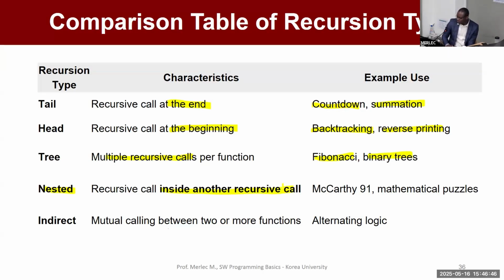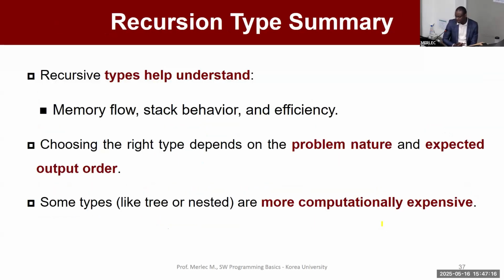This can be used for most complex problems like the McCarthy 91 problem or mathematical puzzles. Last but not least is the case of indirect recursion, where we have multiple calls between two or more functions. This can be implemented for alternating logic. So depending on your use case, you can choose which recursion approach to implement.